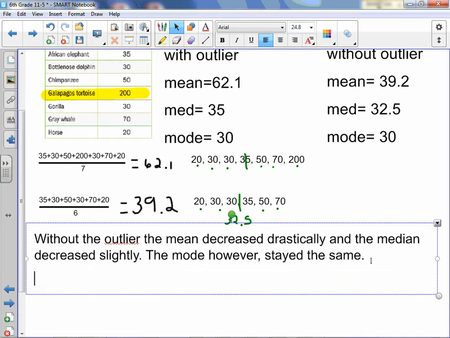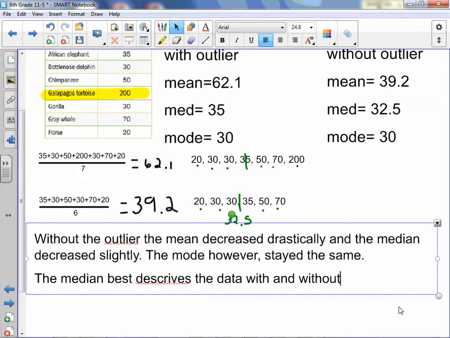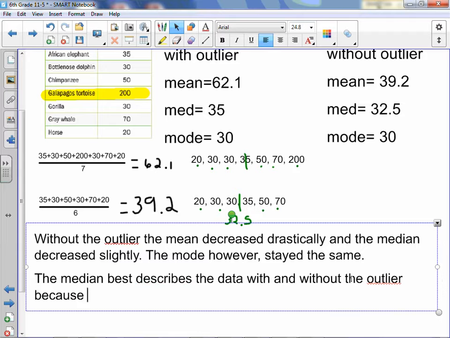So the measure of center that we want to use is the median. The median best describes the data with and without the outlier because it didn't change by much.